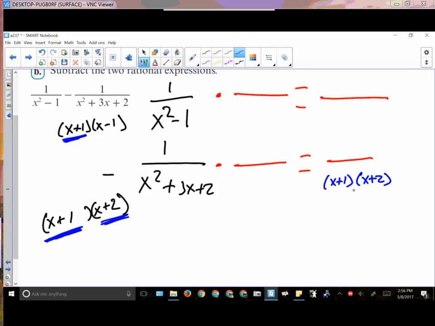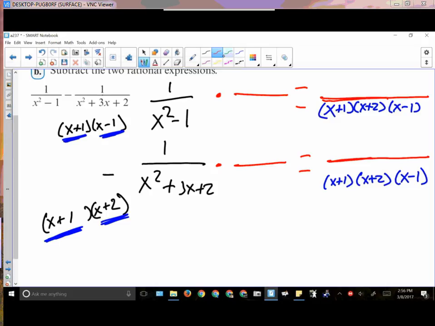Yes, I do. I need an x minus 1. Do I have an x minus 1? No, I don't. x minus 1. So whatever's here goes up here. So we got to have our common denominators, x plus 1, x plus 2, x minus 1.